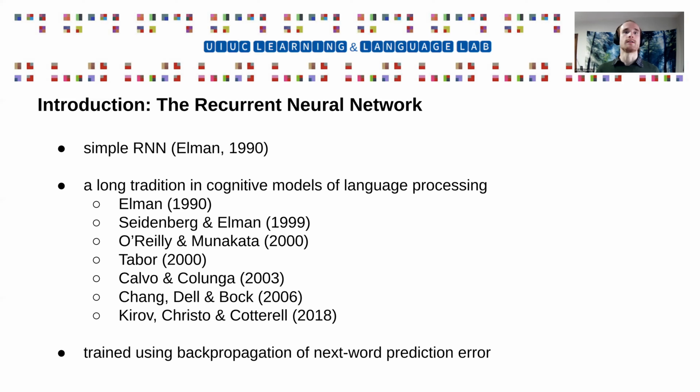The way it's trained is using the backpropagation of the next word prediction error. In other words, its learning is completely error-based and self-supervised. By predicting the next word in a sentence, the model notices important statistics, semantic, syntactic, or otherwise, that are useful for learning about the structure of a particular language.